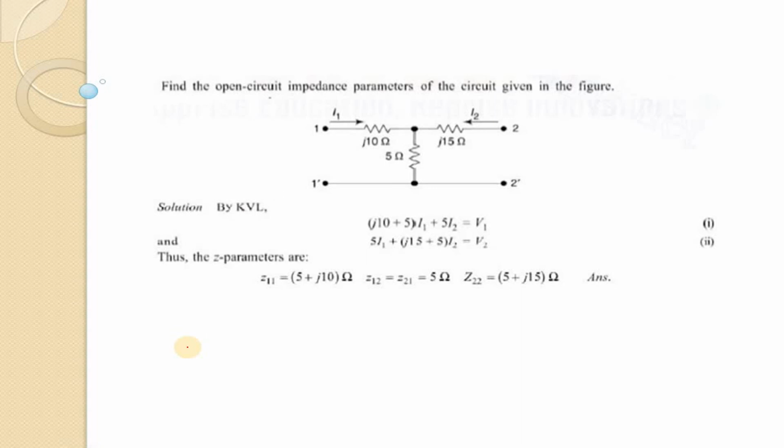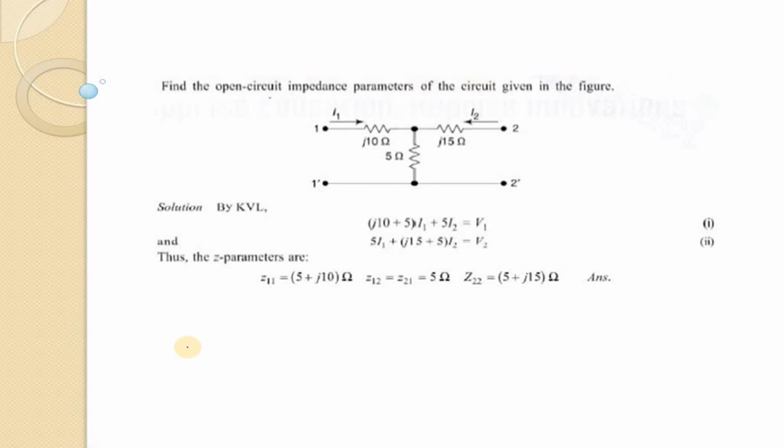So now we will look into a small numerical problem based on Z parameters or open circuit impedance parameters. We can see that we have a network where three resistances are present. Really, these are inductances, j10 ohm, those are inductive reactances.